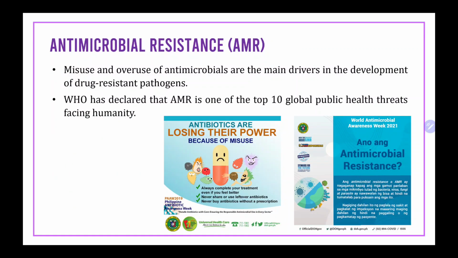So when we say antimicrobial resistance or simply AMR, this is due to the misuse and overuse of your antimicrobials, which are the main drivers in the development of the drug-resistant pathogens. Now, the World Health Organization has declared AMR as one of the top 10 global public health threats facing humanity, and it also requires urgent multi-sectoral action in order to achieve the Sustainable Development Goals.